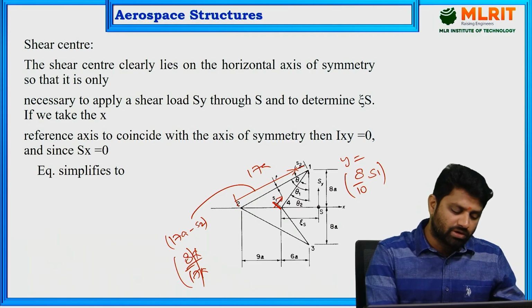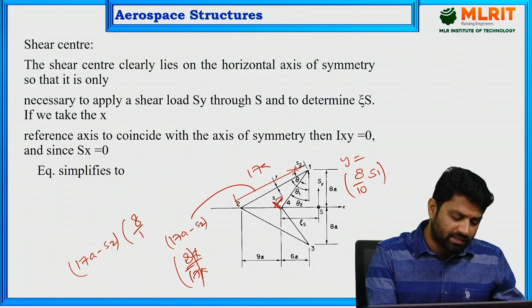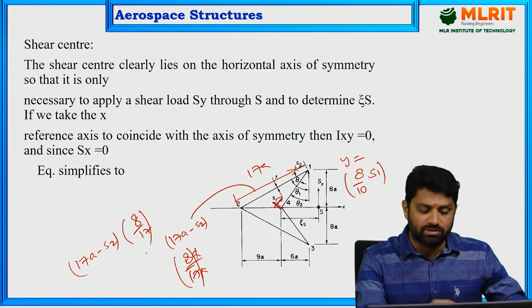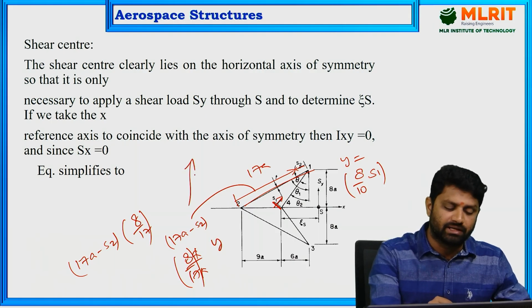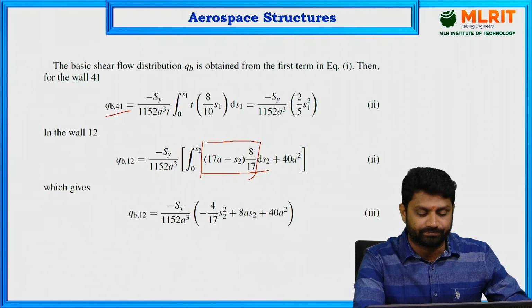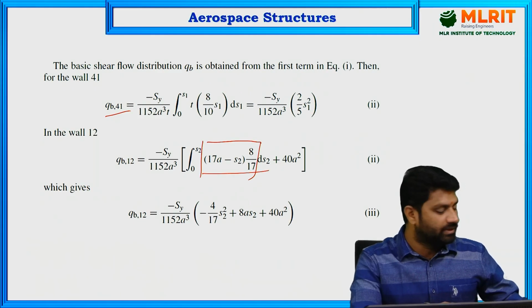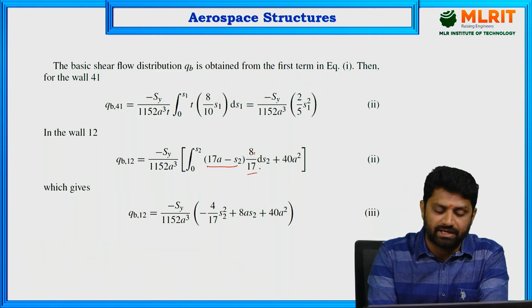So we write 17a minus s2 into 8 by 17, which we also have to multiply, because it is the inclined distance, but what we discussed is the vertical distance y. So you can write this as 17a minus s2 into 8 by 17 ds2.